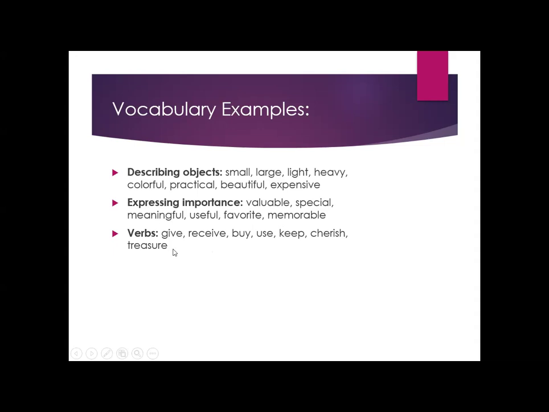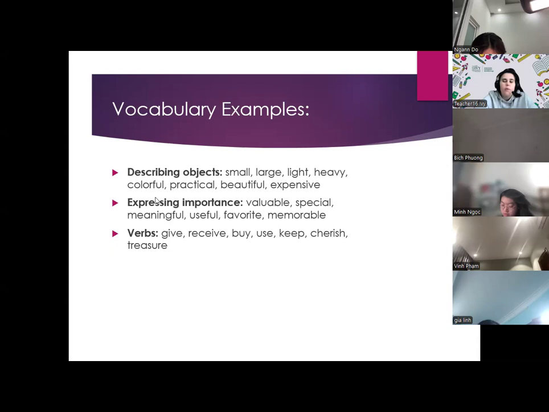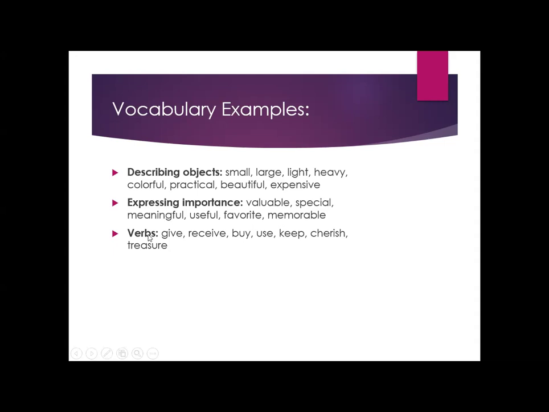Okay, verbs, give. I give someone something. Okay, if you want to talk about something being in the past, you would change it. Okay, so give will change to gave. I received, I bought, I used, I kept, I cherish or cherished, and then treasure or treasured.